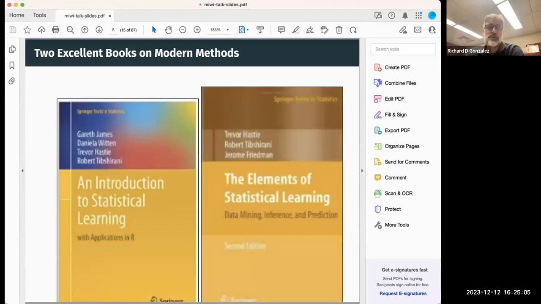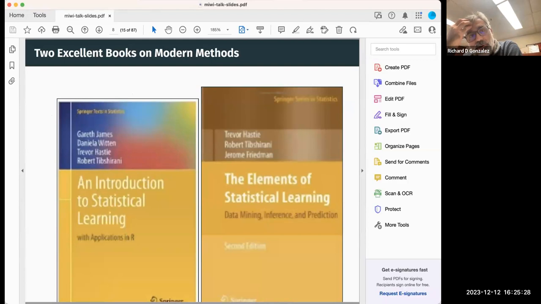And the first thing I want to do is direct you to a couple of books. The book on the left is a little bit more user-friendly in the sense that it's written with applications, lots of examples in R, and they're companion versions. There's the same book, but written for Python.